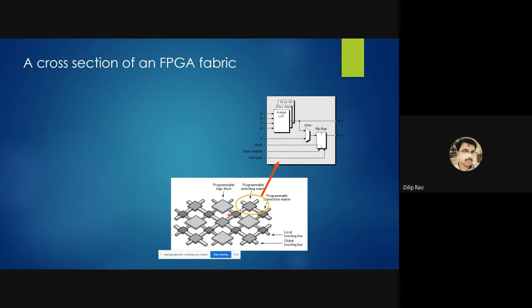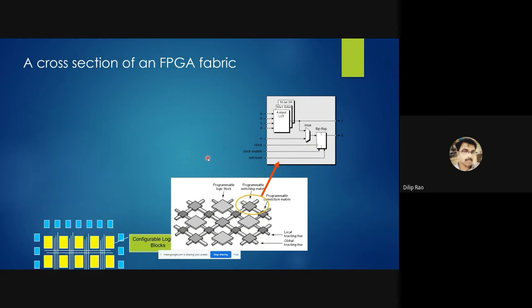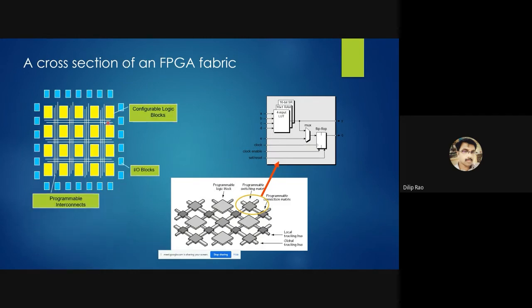That in a way is going to decide our functionality. Yeah, so this is just what I was explaining: a two-dimensional matrix arrangement of configurable logic blocks, then programmable interconnect, and then IO blocks. So this is how it looks.